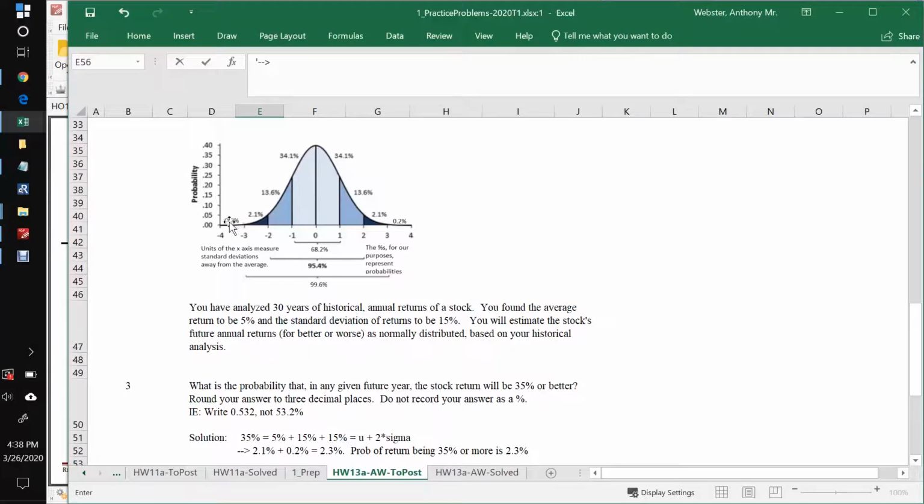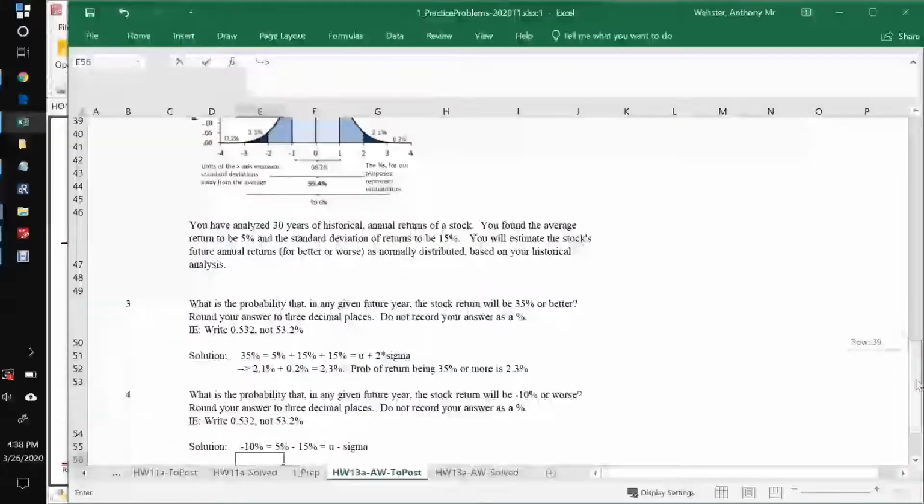So I want this whole portion of the left tail, because here's my mu, no standard deviations away from the mean, and here's 1 standard deviation of the mean. So I want the area under the curve from minus infinity, which is close enough to minus 100%, all the way up to here at 1 standard deviation away. So I just want 0.2 plus 2.1 plus 13.6.